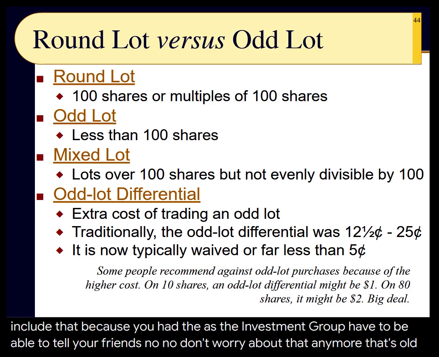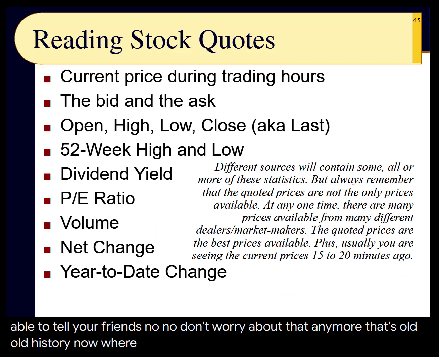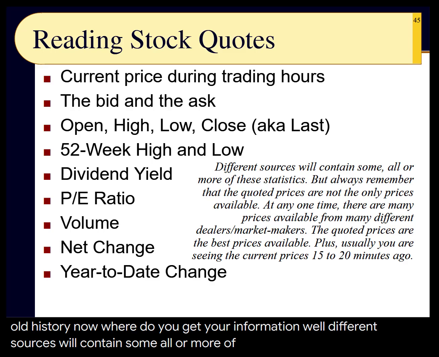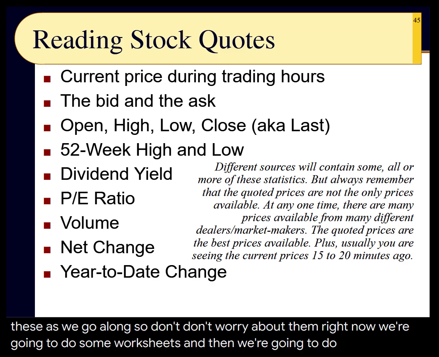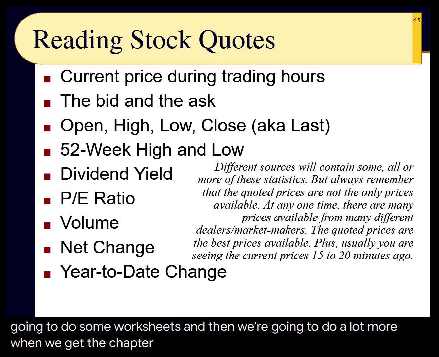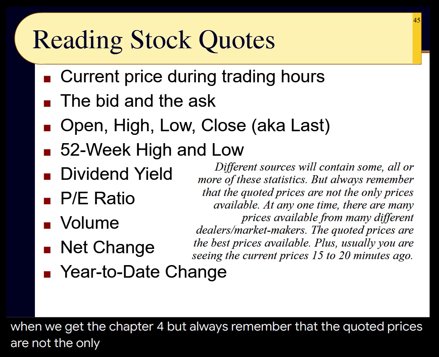That's old history. Now, where do you get your information? Well, different sources will contain some, all, or more of these statistics, and we'll discuss these as we go along. So don't worry about them right now. We're going to do some worksheets, and then we're going to do a lot more when we get to chapter 4. But always remember that the quoted prices are not the only prices available.